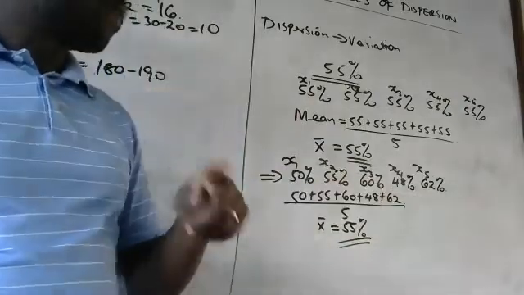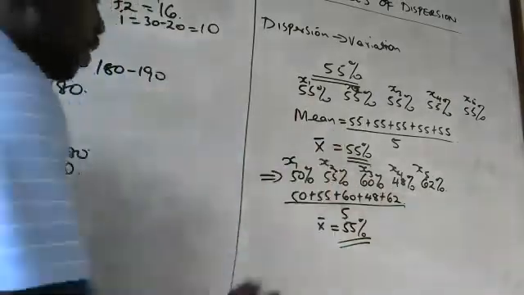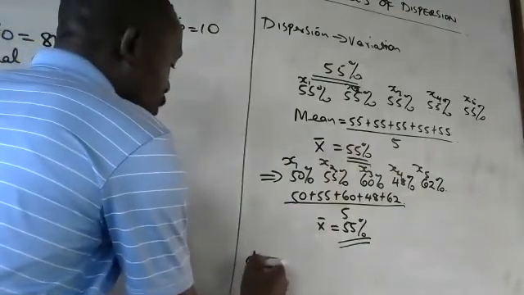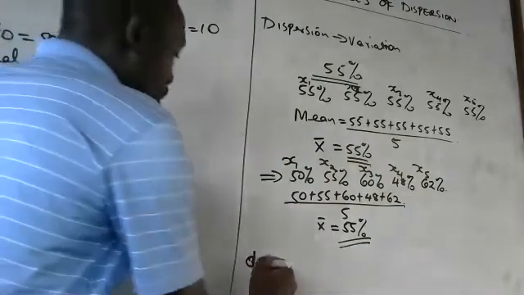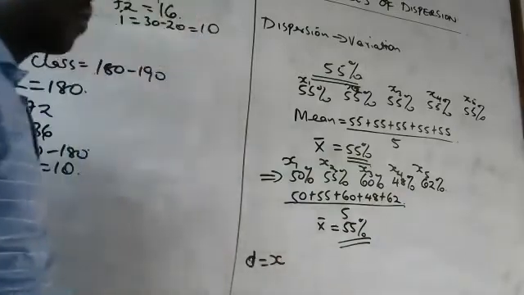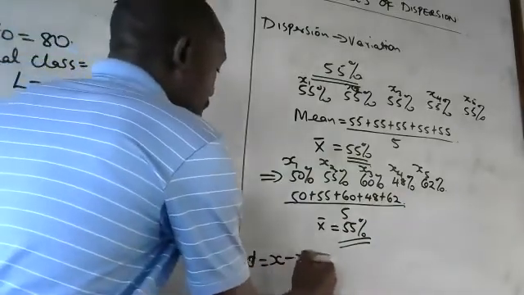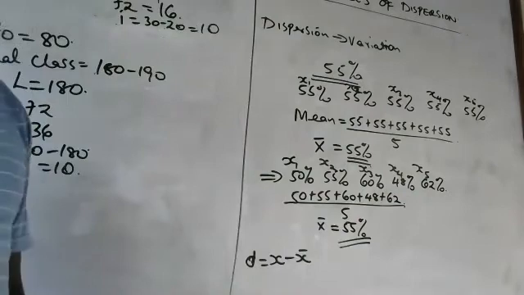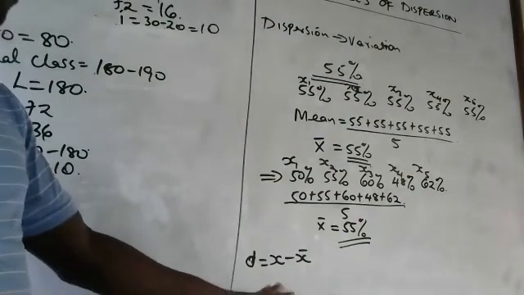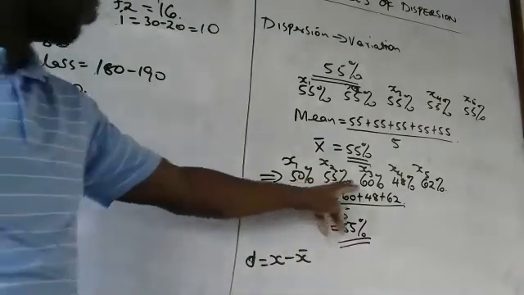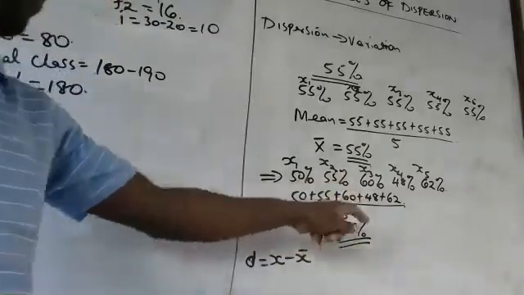So in this case, the variation or dispersion is normally obtained by the actual x value minus the mean value, which is the x bar. We want to measure how far these values are from the mean.